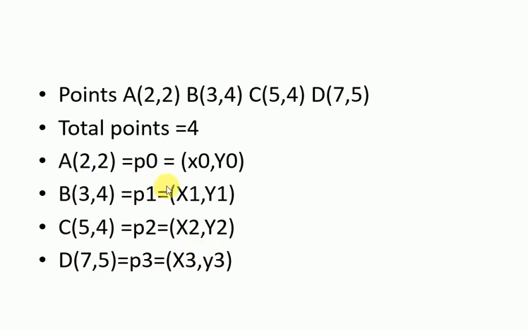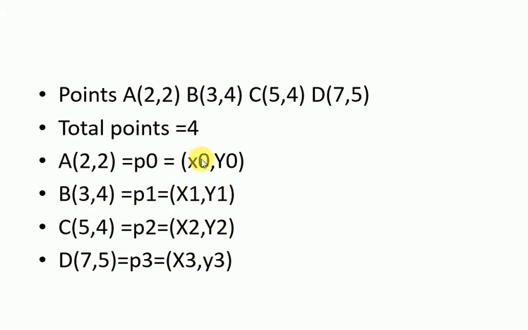So this is substituted with x and y values. The x values are 2, 3, 5 and 7, and the y values are 2, 4, 4 and 5. So it becomes x0, x1, x2, x3, y0, y1, y2, y3.